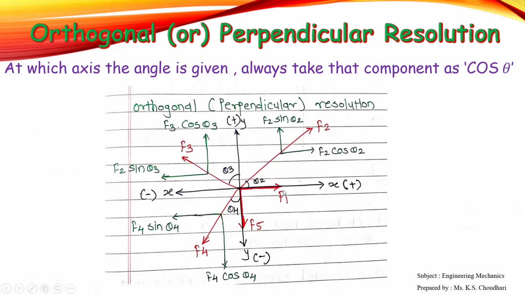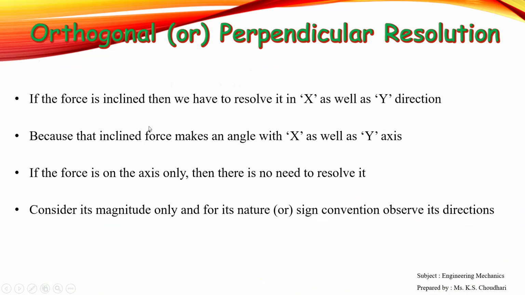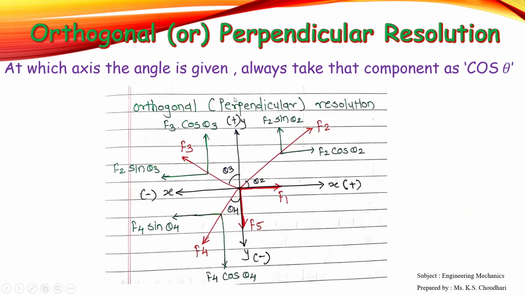We have to only consider its magnitude. But what is the sign of it? For sign, observe its direction, whether it is here or like this here. According to that, put the sign. These are the 4 points.